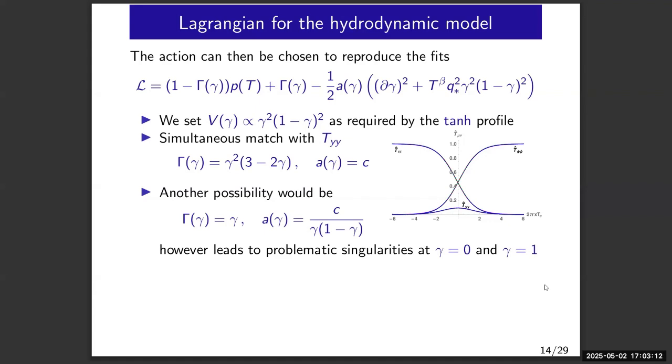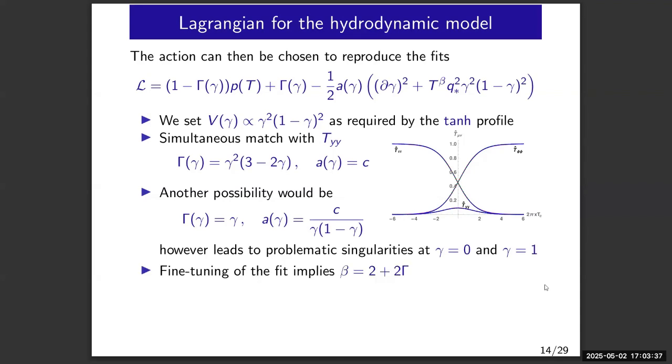If you just consider static solutions, this is not a problem. But when you try to do dynamics with the system, having this kind of structure in the Lagrangian turns out to be tricky. So we won't be using this choice in the following; I will only be using this one.